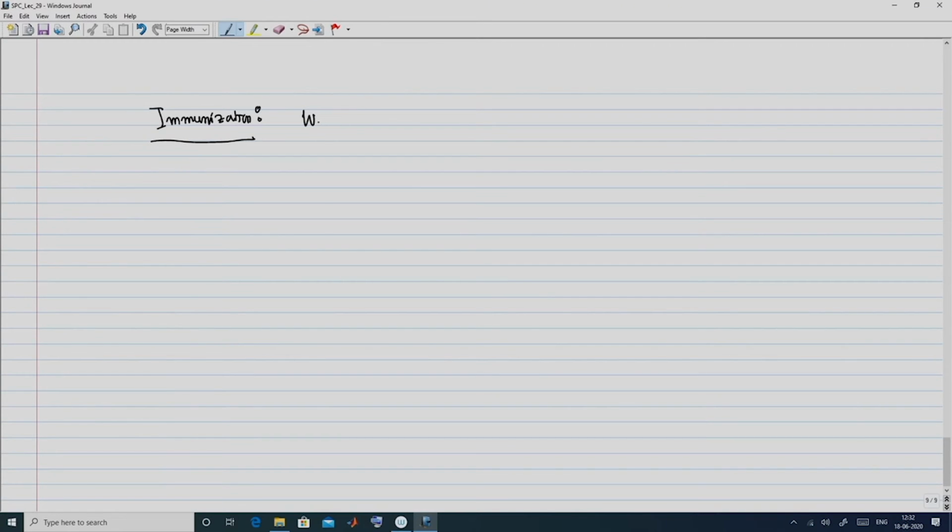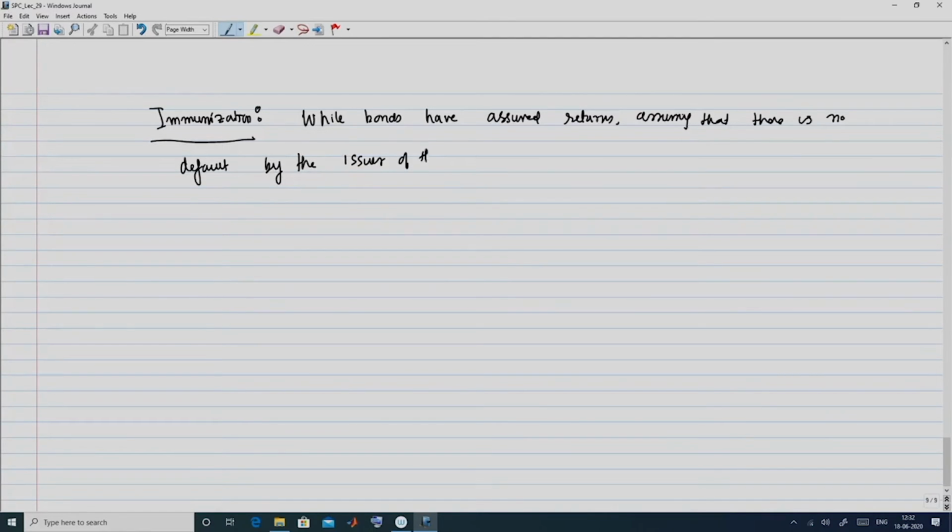So, in order to motivate this, let me first observe that while bonds have assured returns, assuming that there is no default by the issuer of the bond.